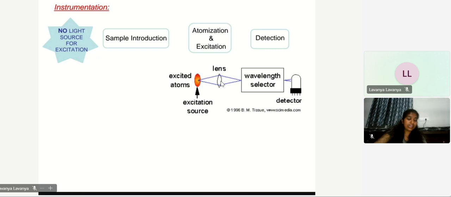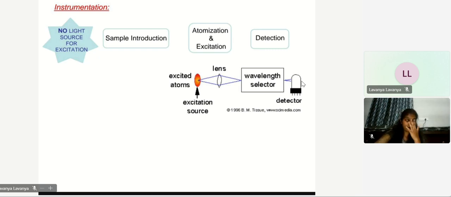We can see here the wavelength selector. The wavelength is selected through the wavelength selector, and the detector is present here. This detector detects the wavelength. So this is the instrument.